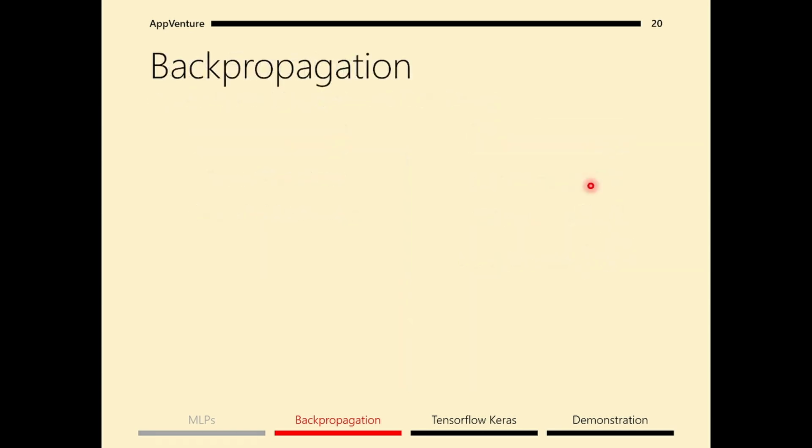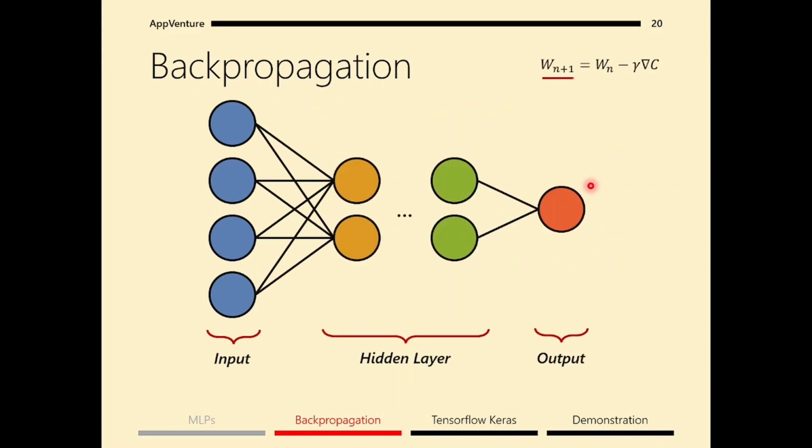So I'll give a brief explanation of backpropagation without going into too much math. If you look again, this is the MLP, and each of these edges and each of the neurons has either a bias or a weight.